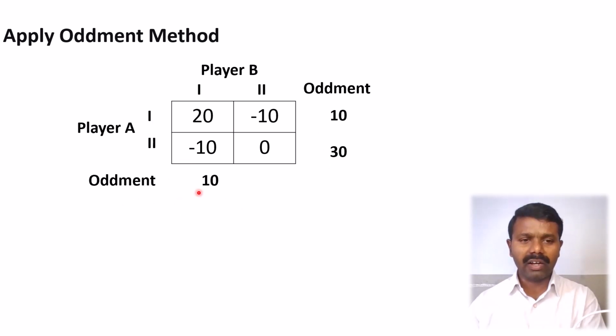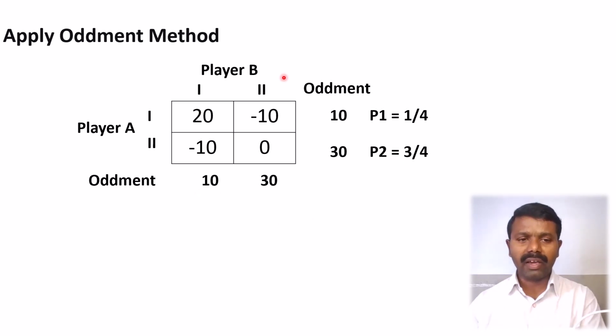Let us calculate the column-wise oddments also. Here the oddments are 10 and 30. So the probability of player A for strategy 1, P1, is equal to 10 by 10 plus 30, that means 1 by 4. In the same manner, the probability P2 is 30 by 30 plus 10, which is equal to 3 by 4.